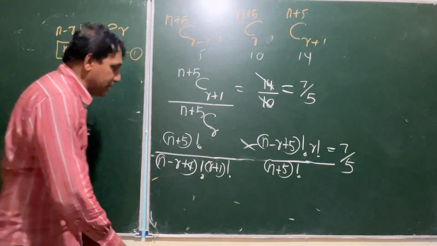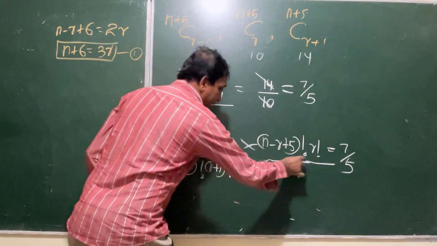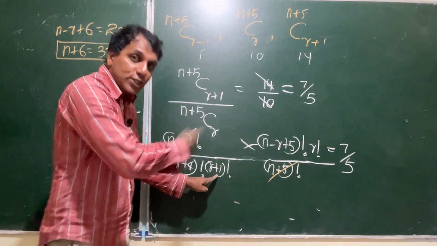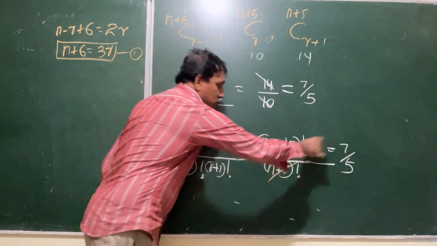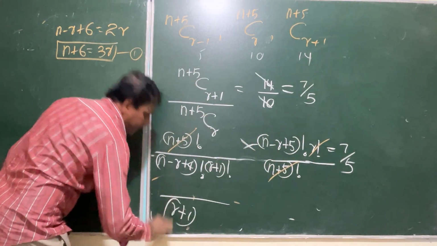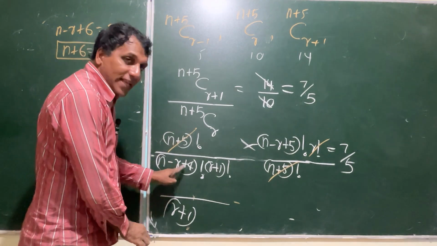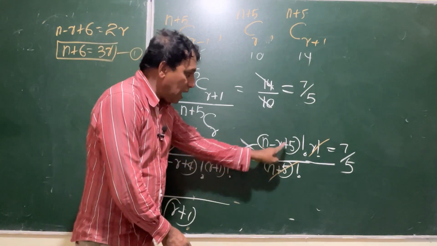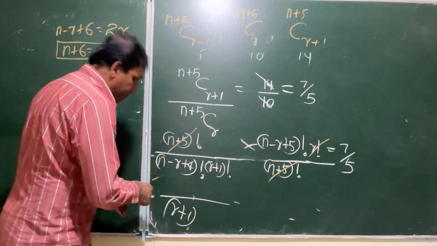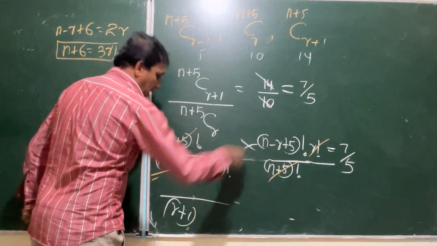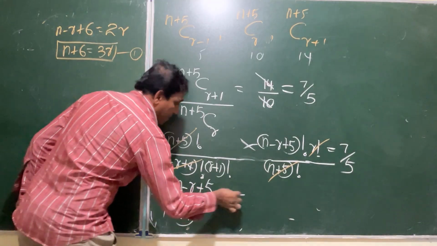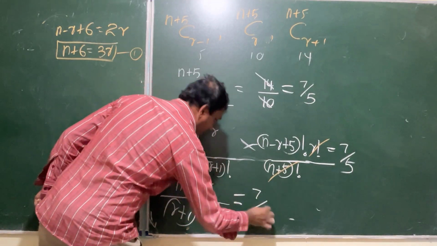Now see, like earlier, n plus 5 and n plus 5 cancel. This is (r plus 1) into r factorial, so it cancels. You have here r plus 1, right? And n minus r plus 5 into (n minus r plus 4) factorial cancels here. It becomes n minus r plus 5, that's equal to 7 over 5, right?